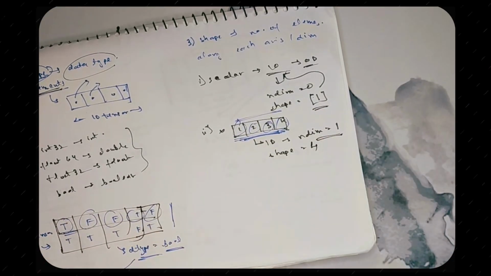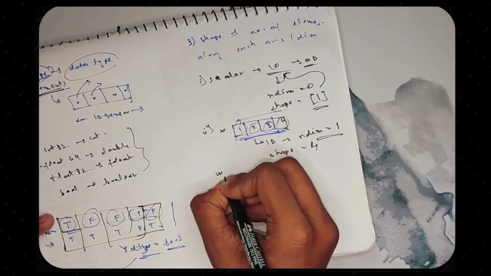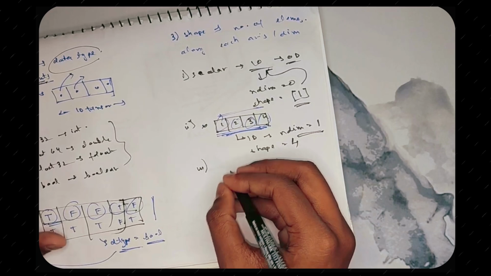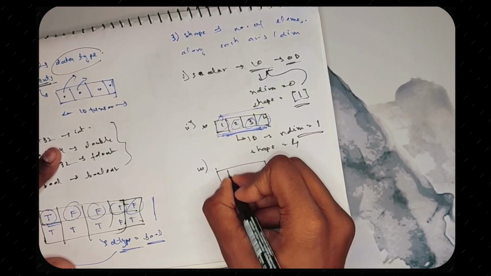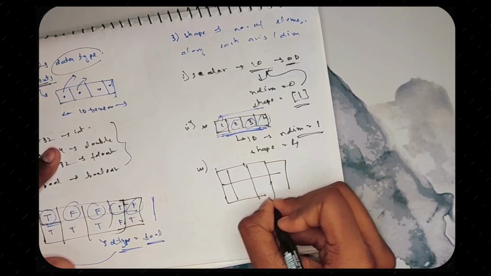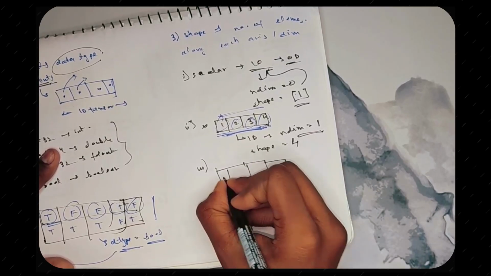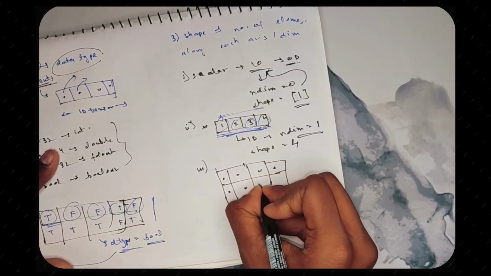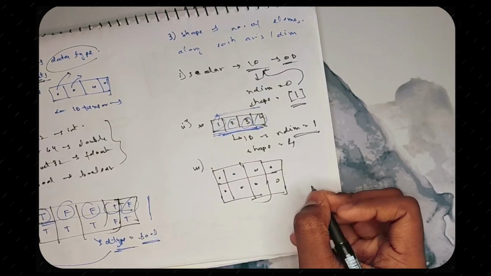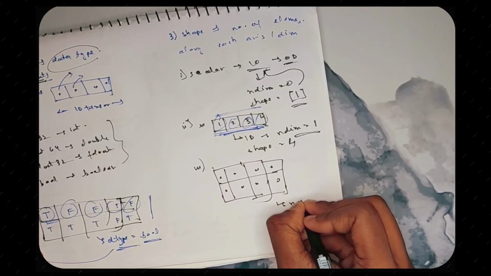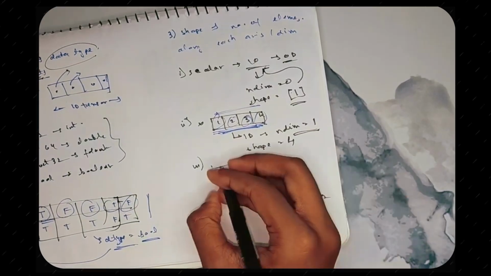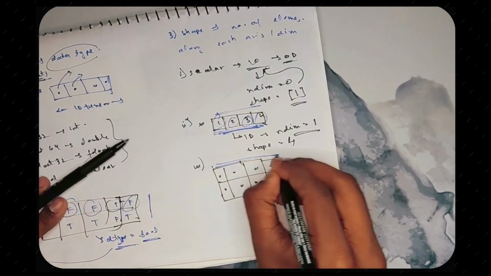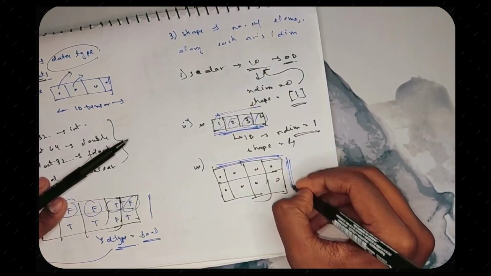It's that simple. And suppose we have a matrix or a 2D tensor like this, where we have elements over here, then its n dimension is 2 because it has 2 dimensions, first this dimension and then this dimension, right?